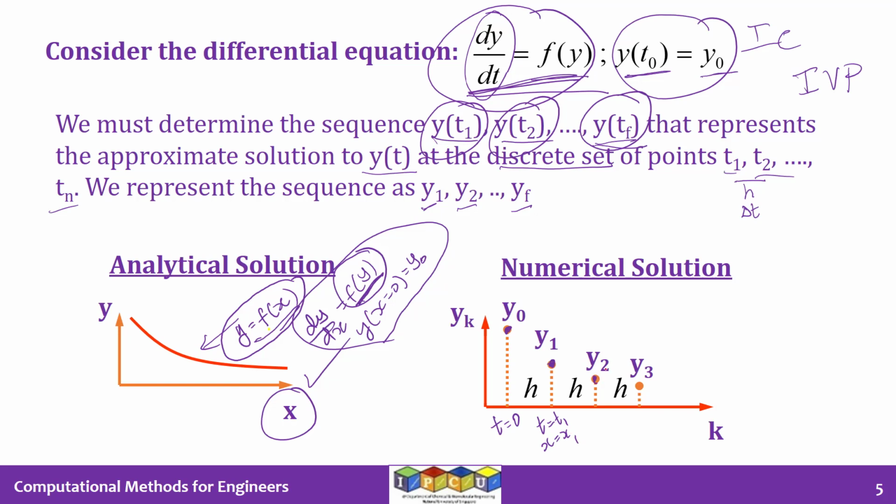So all we get is these points that are represented as circles. And then if you want, you can join them by a curve to get something that looks like this. So the numerical solution will not look like the analytical solution. It will look like a sequence of values at specific values of the independent variable.